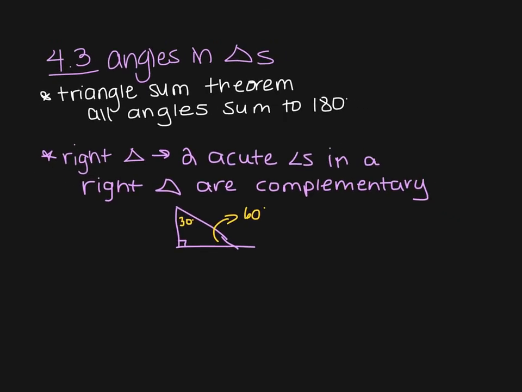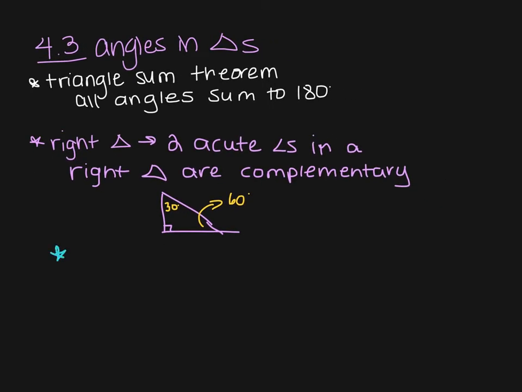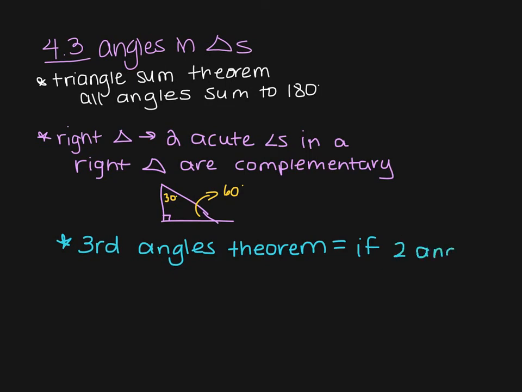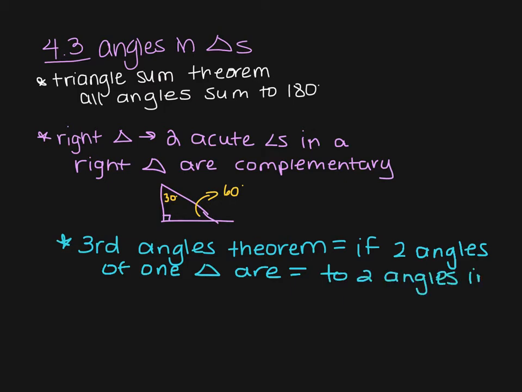Then we had the third angles theorem, which said if two angles of one triangle are equal to two angles of a second triangle, then the third angles must also be equal.